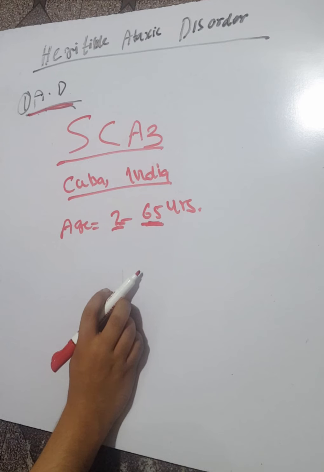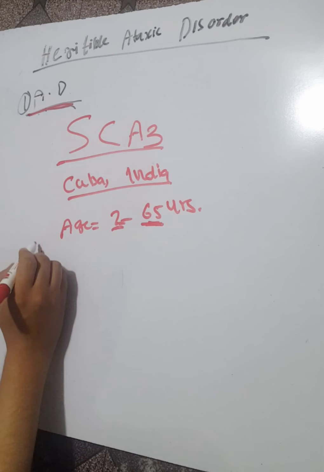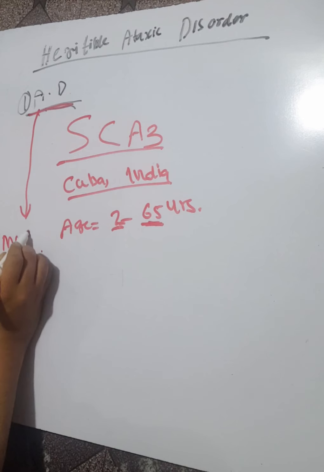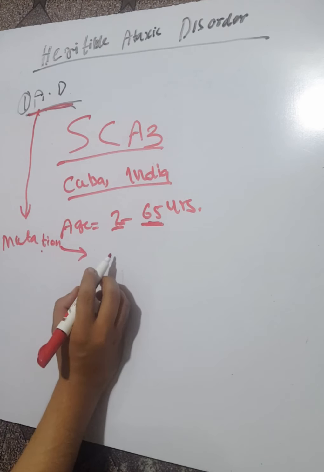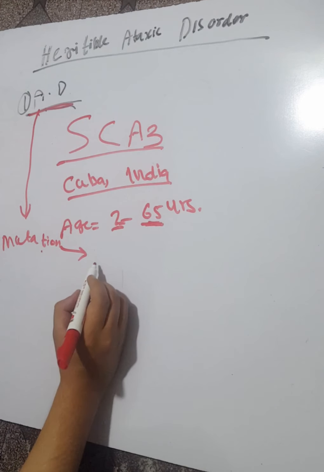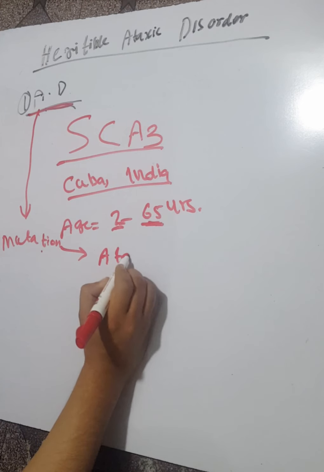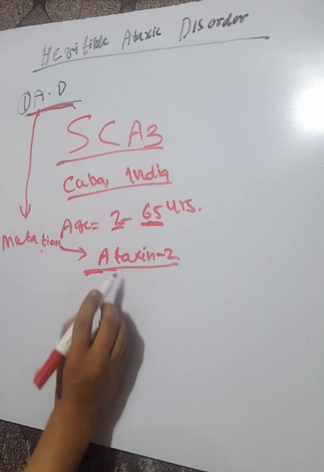What are the causes of SCA3 disease? This is an autosomal dominant disease. There is a mutation in the gene that synthesizes the protein ataxin, and there is mutation in ataxin 2.